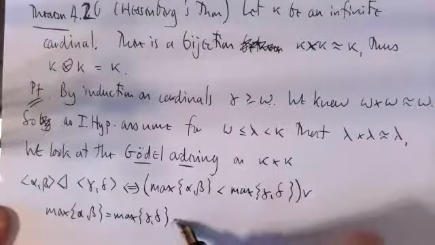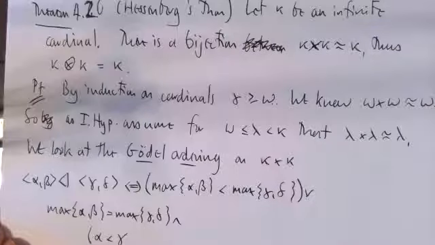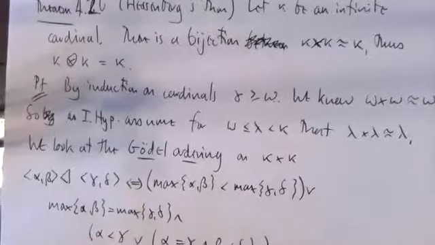Then it'll just be like the alphabetical, lexicographic ordering. So alpha comes before gamma here, or alpha equals gamma and beta comes before delta here.